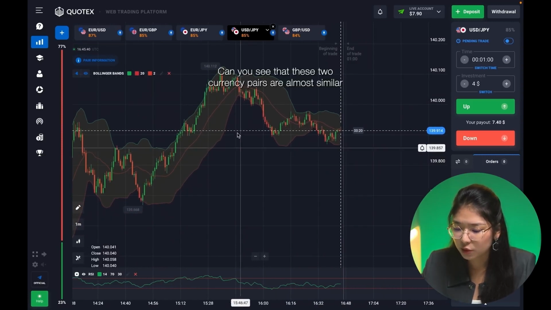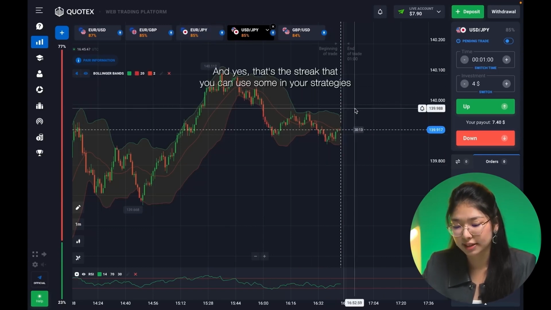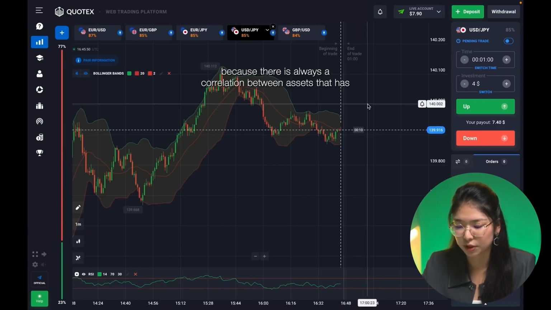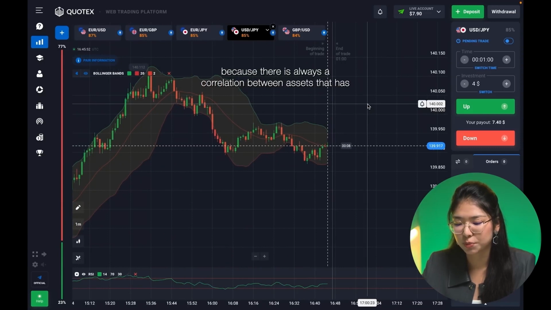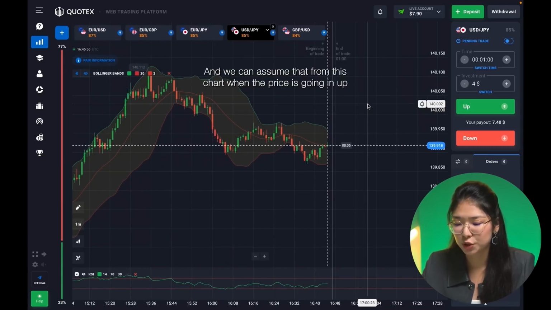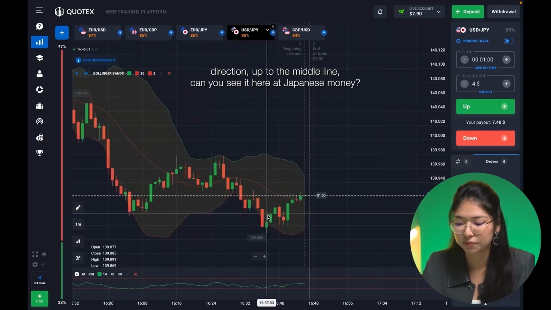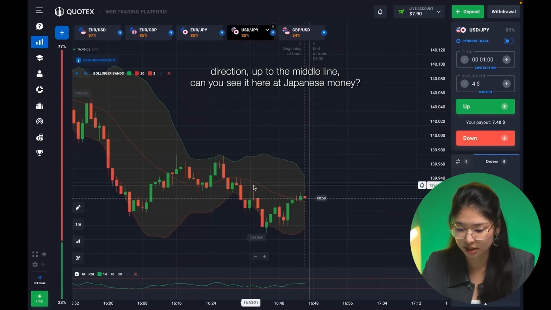Can you see that these 2 currency pairs are almost similar because both of them include Japanese yen? And yes, this is a trick that you can use in your strategies, because there is always a correlation between assets that have the same currency in them. And we can assume that from this chart, when the price is going in that direction up to the middle line, can you see it here in Japanese yen?